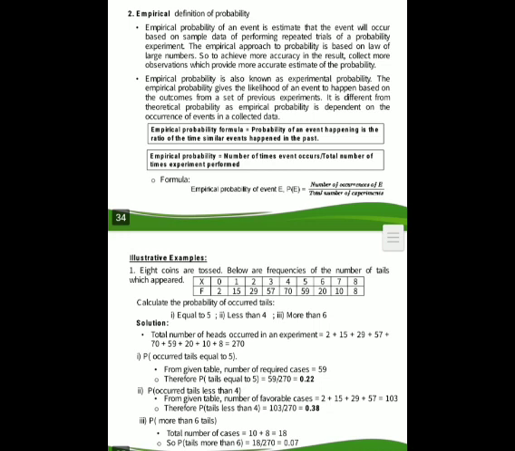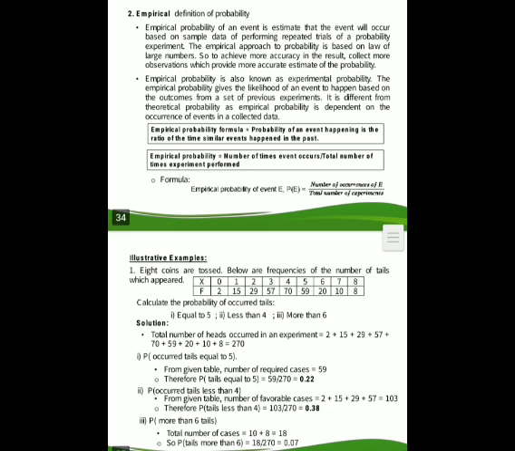Solution. The total number of times the experiment occurred is equal to 2 plus 15 plus 29 plus 57 plus 70 plus 59 plus 20 plus 10 plus 8, which is equal to 270. P(tails equal to 5): from the given table, the number of required cases is equal to 59.